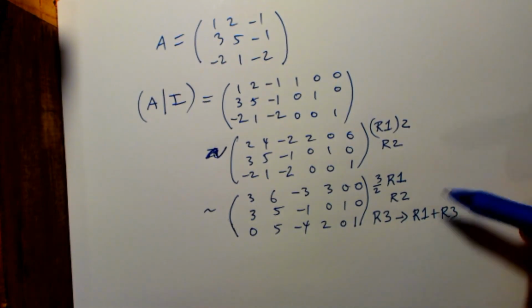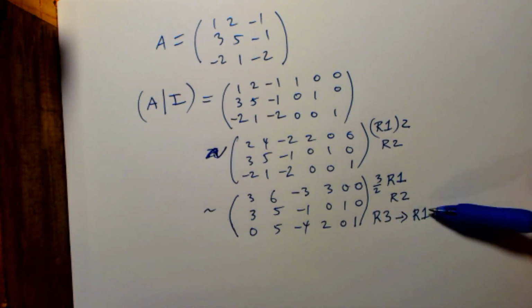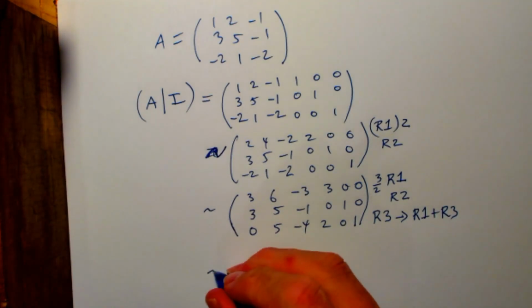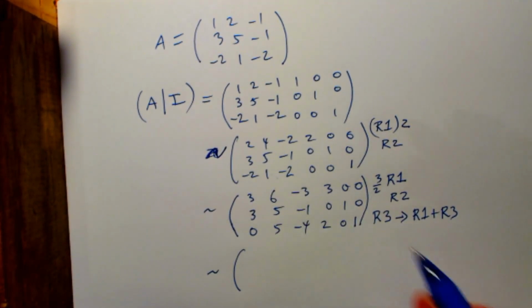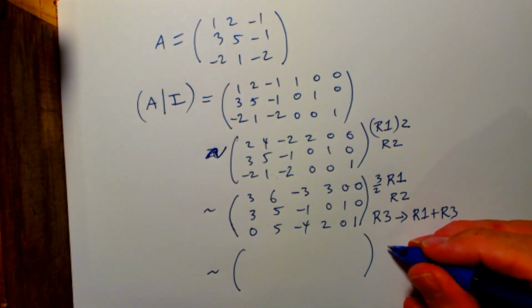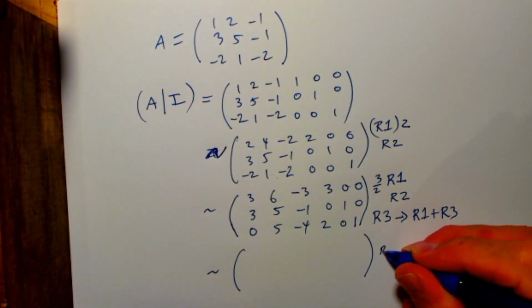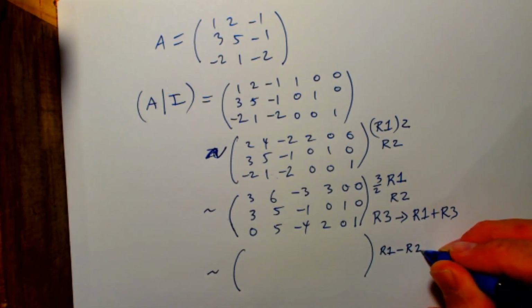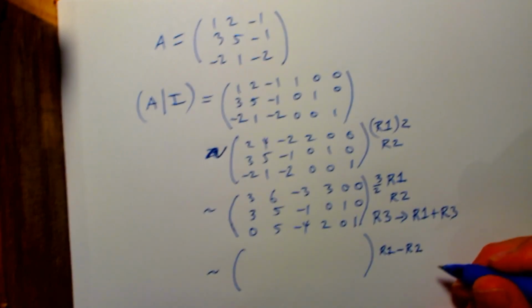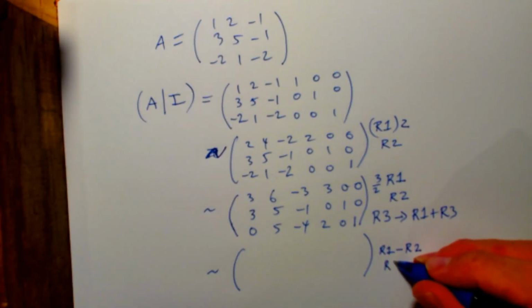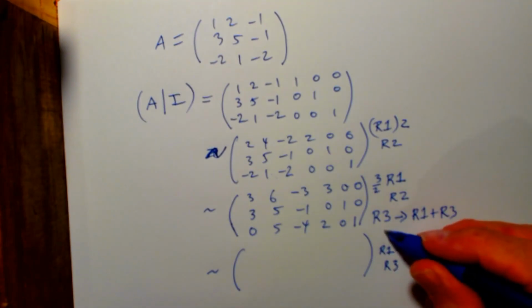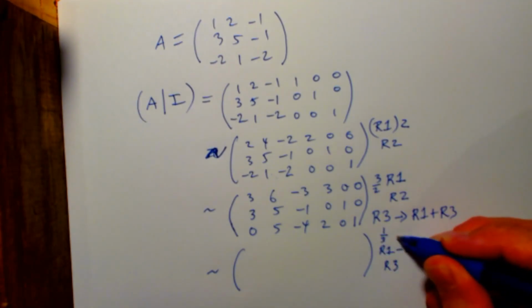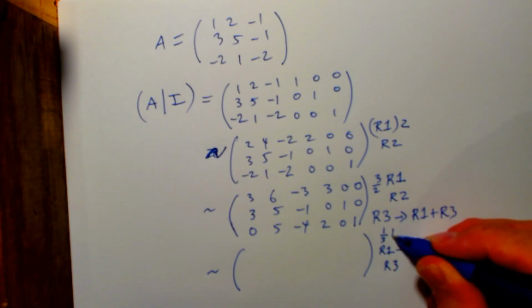Okay, next we want to take a difference between row 1 and row 2. So let's take, replacing row 2 with row 1 minus row 2. We'll leave row 3 just the same, and then we'll divide row 1 by 3.